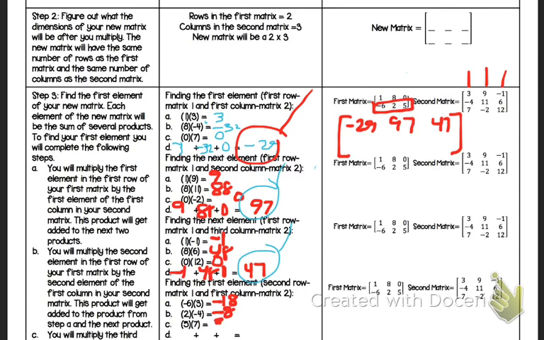And then 5 and 7 to get 35. Then we add all of those together. And what would that be? 35 minus 26. 9. So 9 for that one. So your second row, first column, should be 9. No, that's right, yeah. Okay. 9.